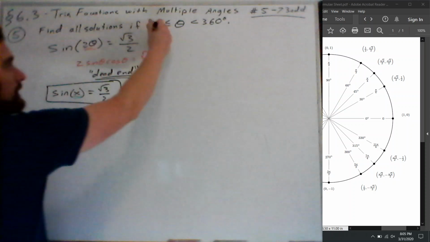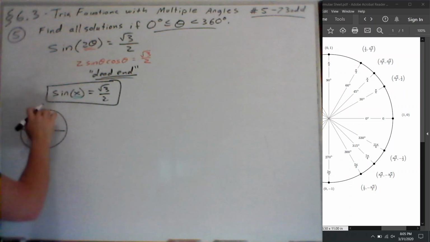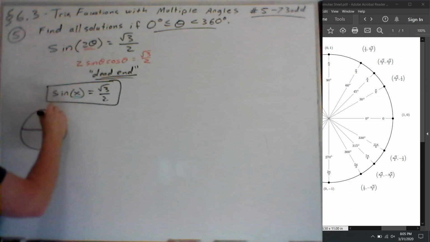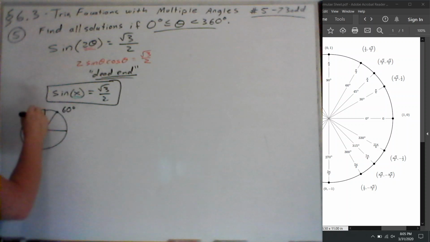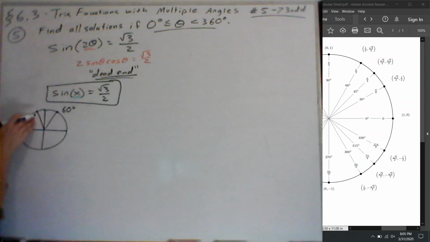Since we're in degrees, we know where the y value is root 3 over 2 on our unit circle. For the sine function, we get 60 degrees in quadrant 1, where it's positive root 3 over 2 for the y value, but it also happens in quadrant 2 at 120 degrees.